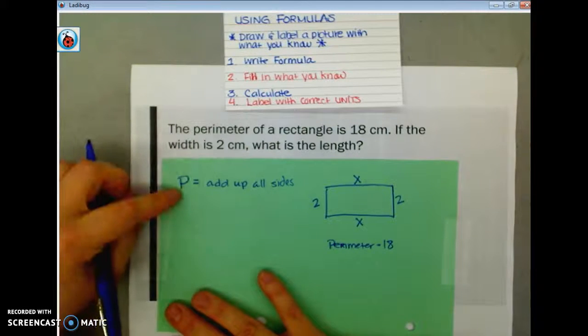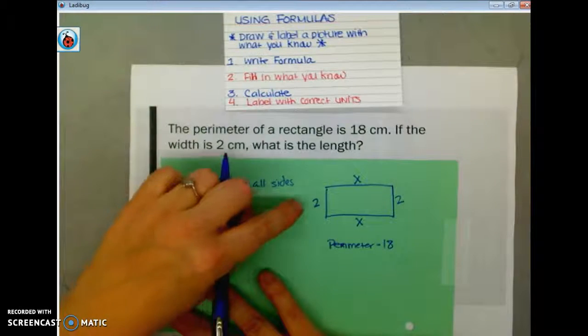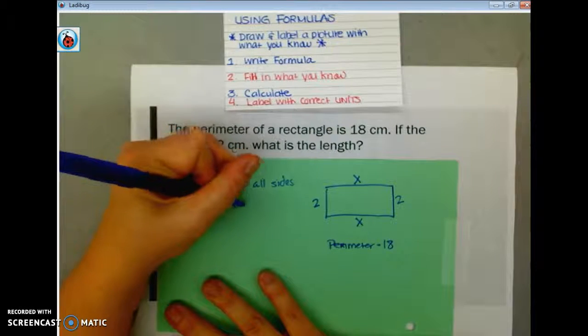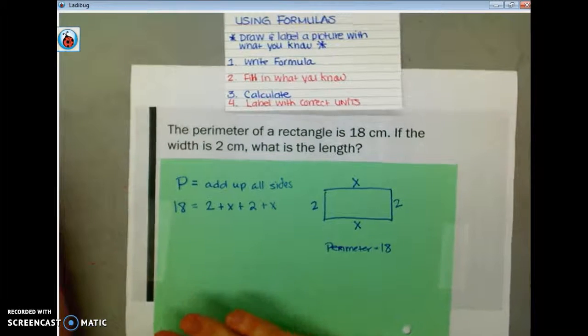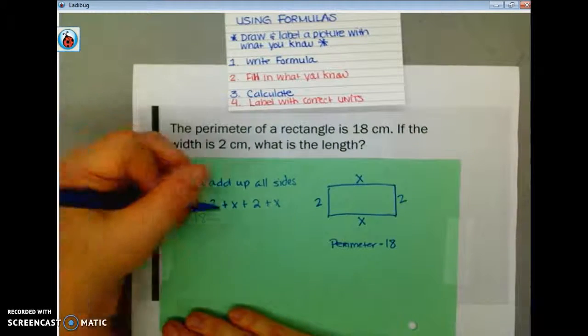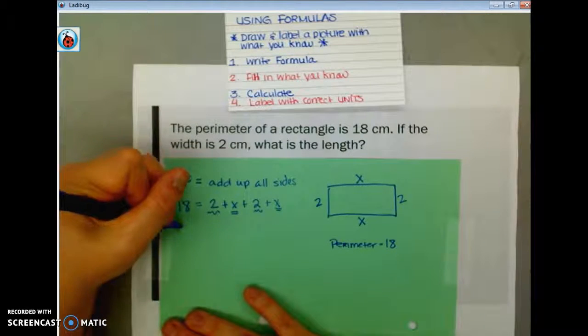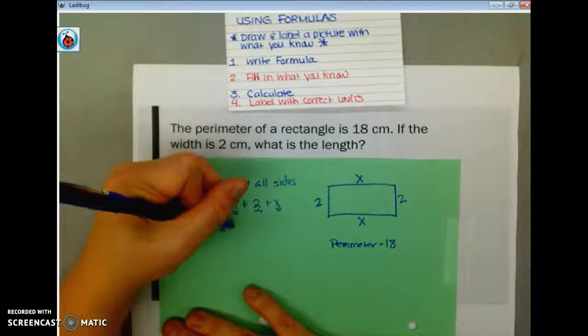So instead of P, I have that my perimeter is 18 and my sides are 2 plus x plus 2 plus x. That's the very basic. Maybe I could have added it ahead of time, but let's combine our like terms. So now I have 18 equals 2x plus 4.